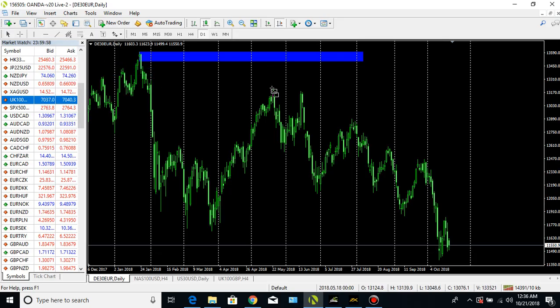You draw a zone, and then you say when price comes back, it should turn, right? That's all it is. But as you can see, this thing is not always working.